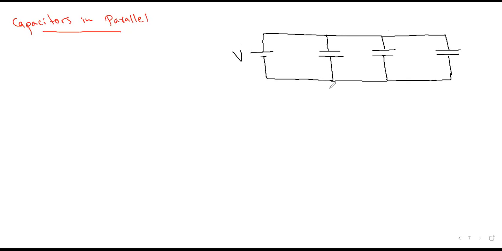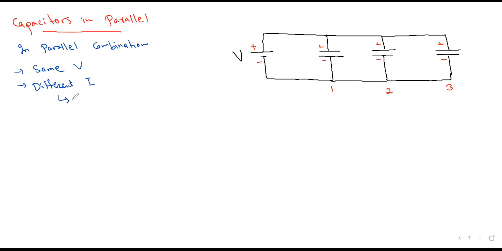So let me call this capacitor number one, this is two, this is three. This is positive plate, this is negative. So all these edges of all these plates of the capacitors will get the positive charge, and all this will get the negative charge. Now in a parallel combination, we know from the previous classes, the potential V remains the same, but current will change.